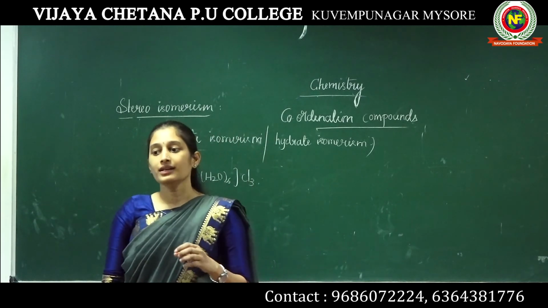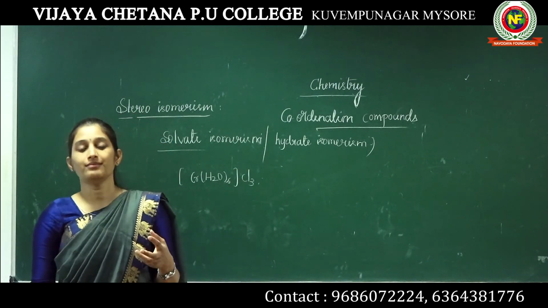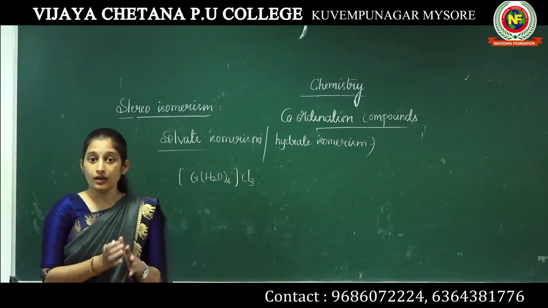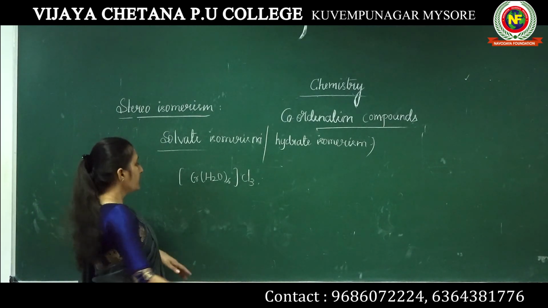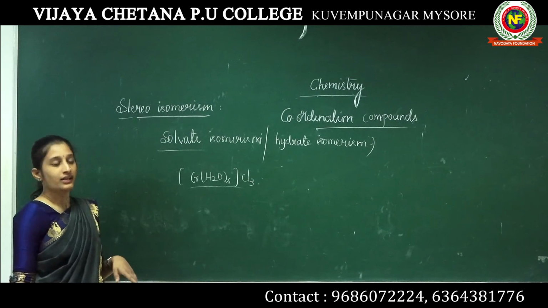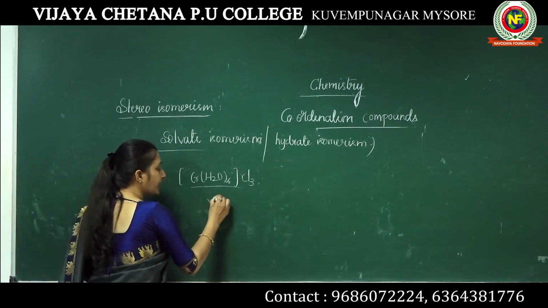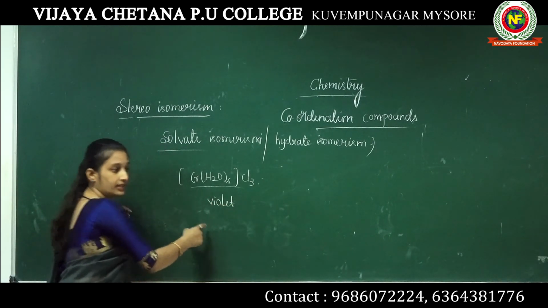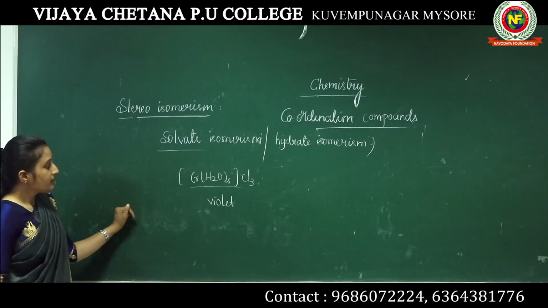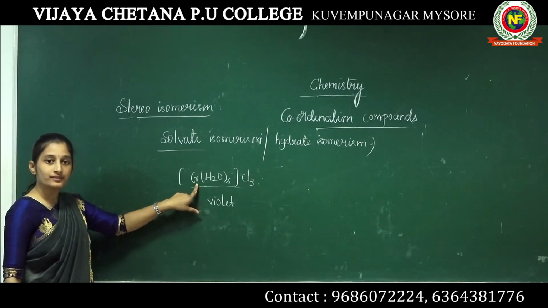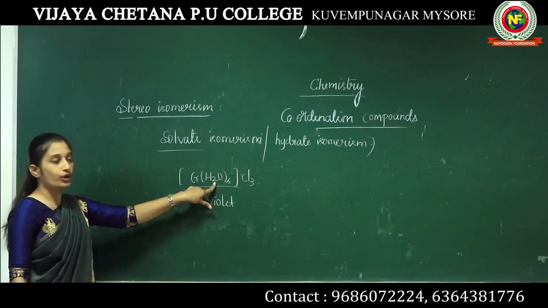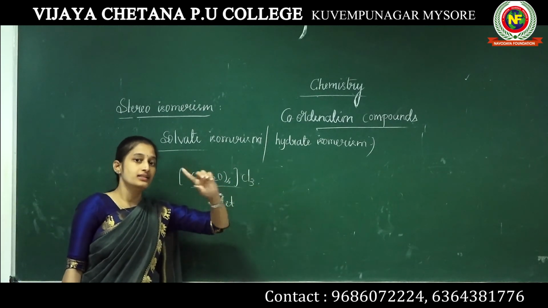Hydrate gives the clue: water is there, meaning the compound mainly contains water. I will give this example. Especially, it looks violet in color. Just try to understand. Chromium is surrounded by 6 water molecules and outside Cl3.